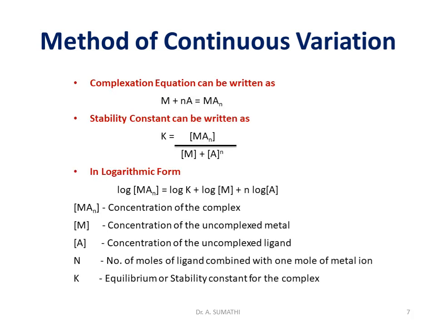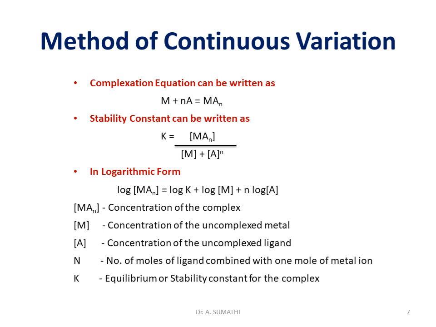And at last, here comes the total equilibrium equation based on the method of continuous variation. The complexation equation can be written as M plus nA equals MAn. For this we write the stability constant.